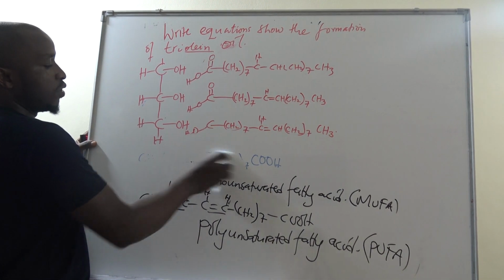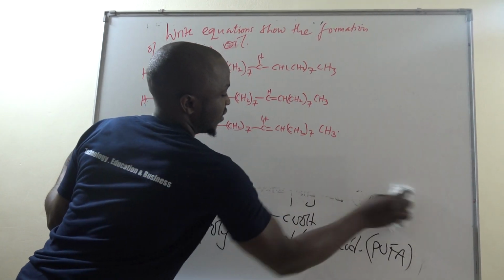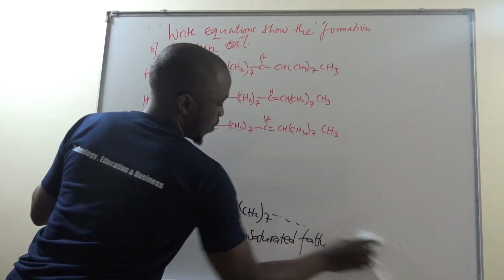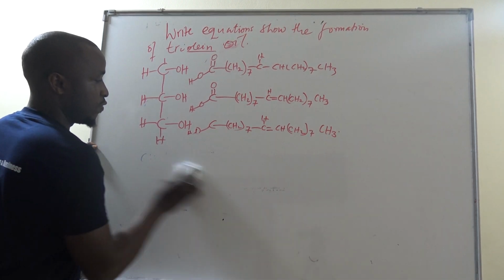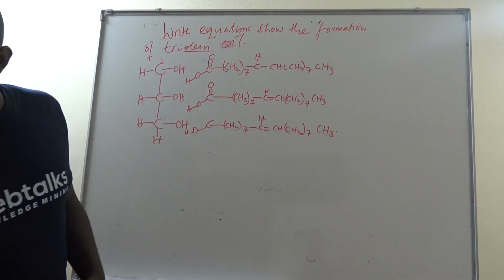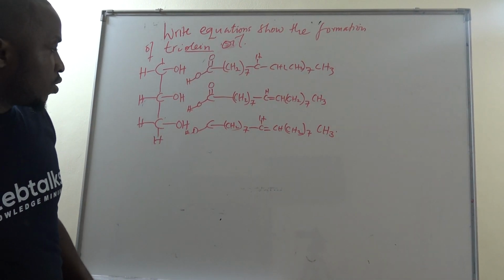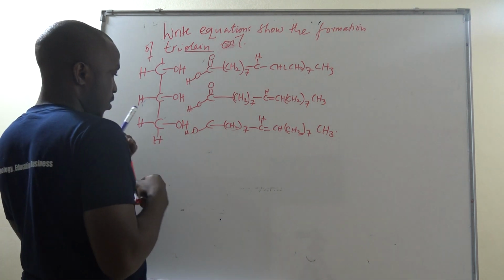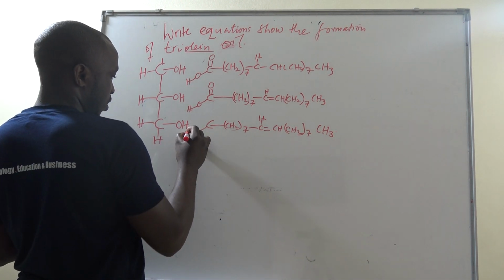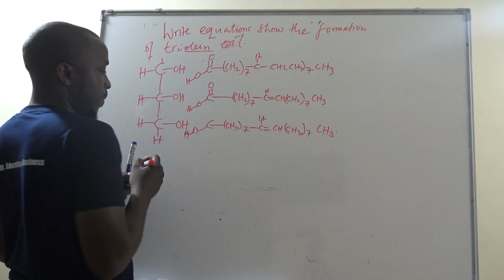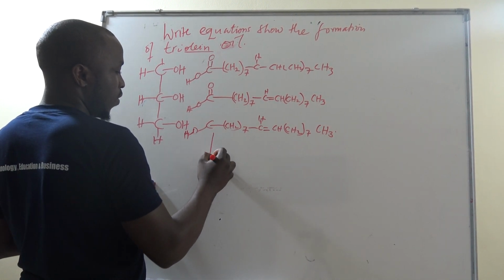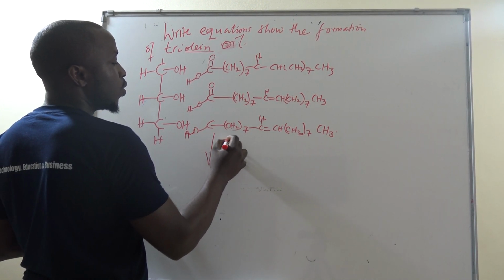Meaning it consists of 3 oleic acids. So you can now continue and see how the formation is going to be. This is our OH group here. So when condensation takes place, we're going to lose 3 water molecules.